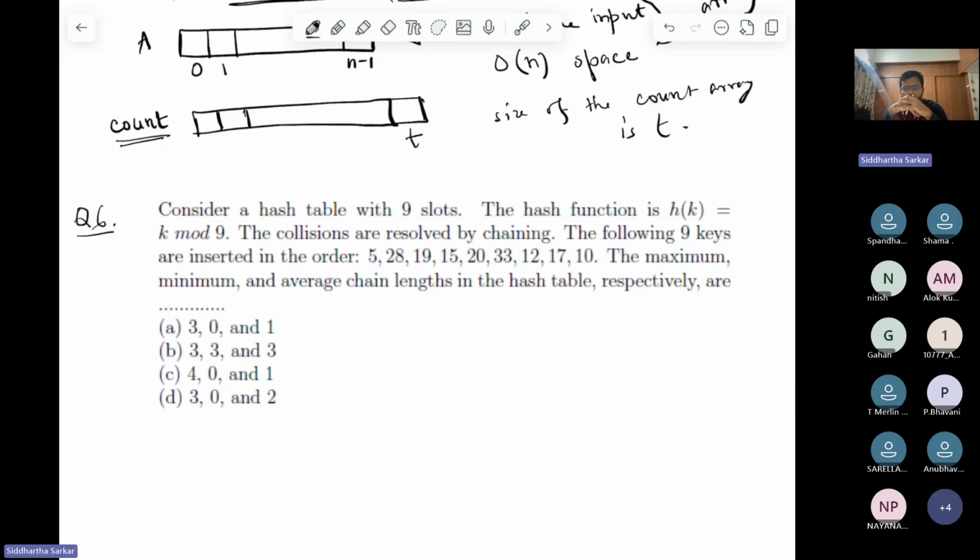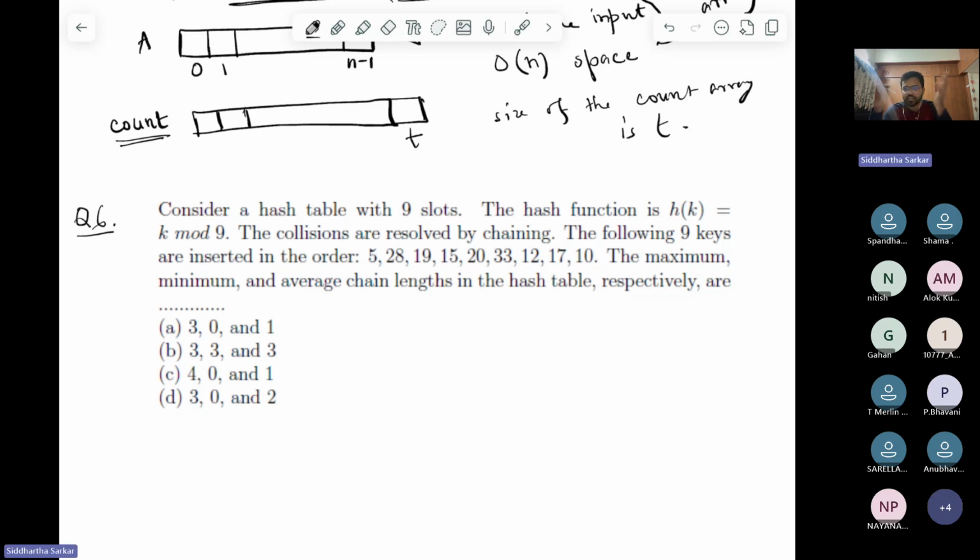So there are 9 slots in the hash table and you have to insert 9 keys. But some of the keys can get mapped to the same slot. And if that happens, then there is a collision. So if there are multiple keys mapped to the same slot, then they are stored in a linked list or chain. So you have to tell what is the maximum number of elements that are mapped to the same slot, and what is the minimum number of elements mapped to the same slot, and what is the average chain length.